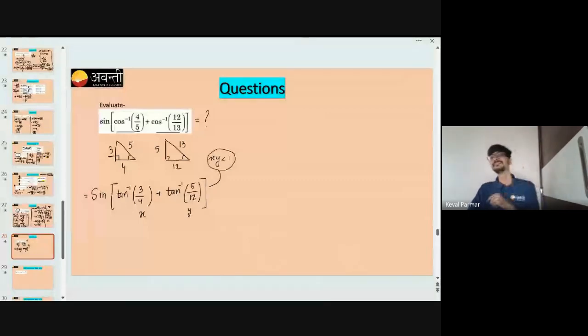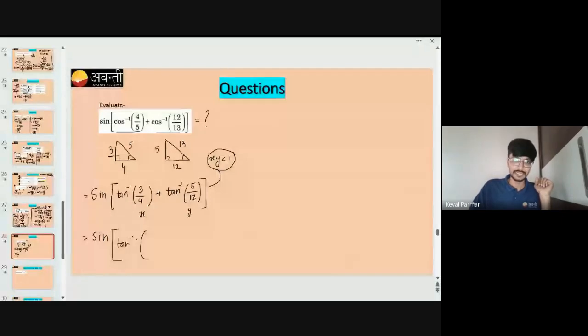You can check the product x, y is less than 1. Means we have to use the first formula: tan inverse of x plus y, 3 by 4 plus 5 by 12, upon 1 minus 3 by 4 into 5 by 12. Now, I hope you remember this calculation.